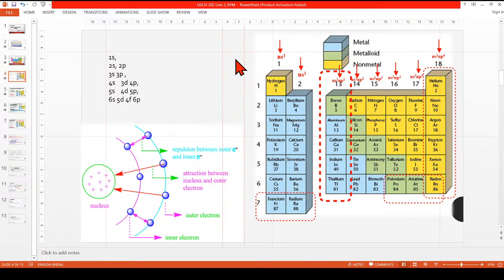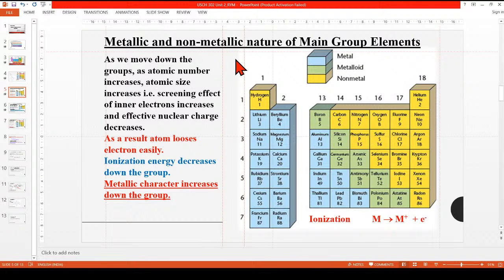Now, as far as the metallic character is concerned, to whom are we calling metal? Those which can lose electrons, which have electrons that can move freely, are metals. If we see metallic character in main group elements, as we move down the group, atomic number increases, atomic size also increases, the screening effect of inner electrons increases, and hence effective nuclear charge decreases down the group.